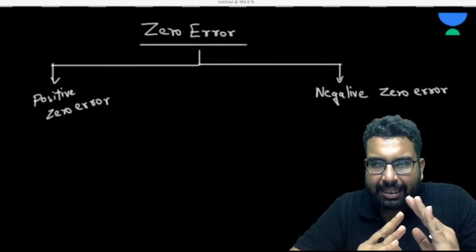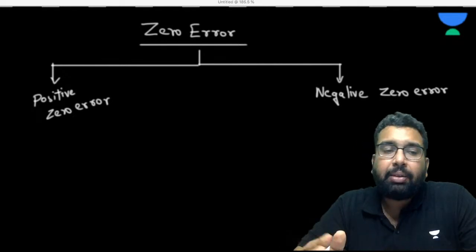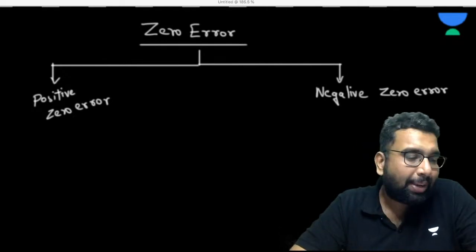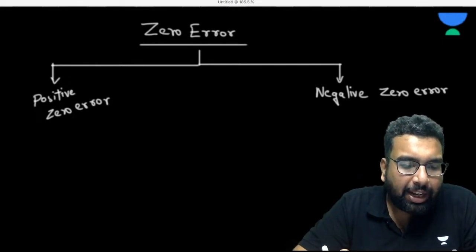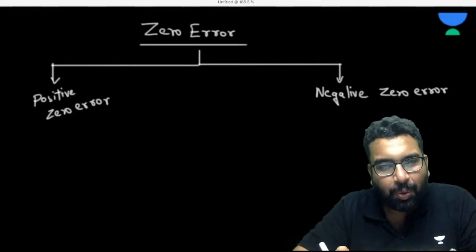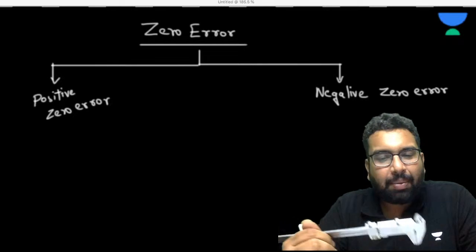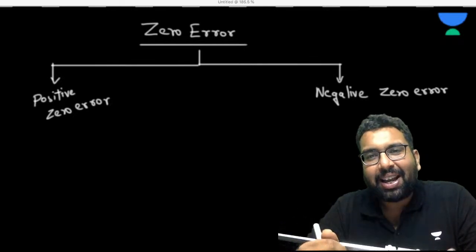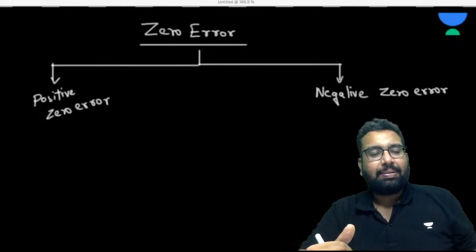But sometimes, like the vernier caliper I am having, when I close it, it has some positive zero error. I'll have to tell the lab instructor today that this vernier caliper has zero error.